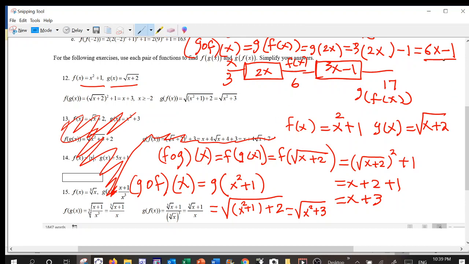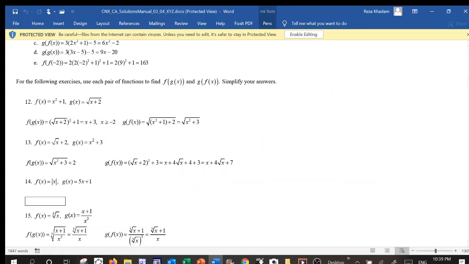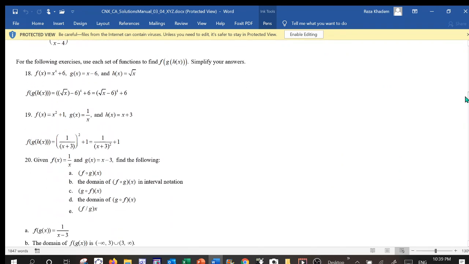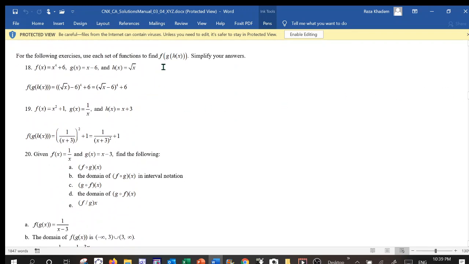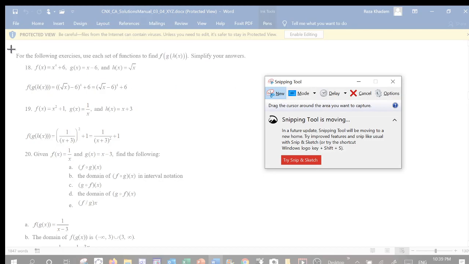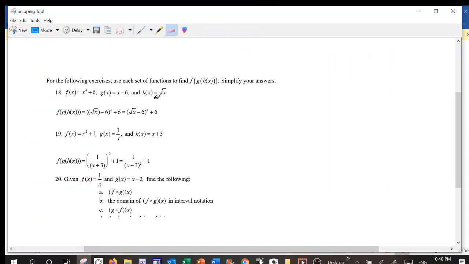All right, let's do one more of these, and let's do number 18. There we go. So it says find, this time, what are we supposed to find? We are supposed to find f compose g compose h.